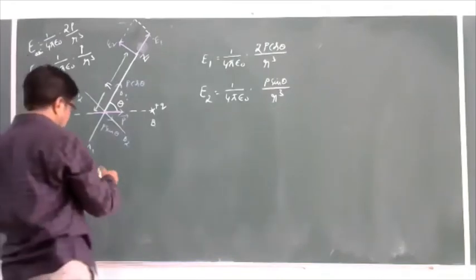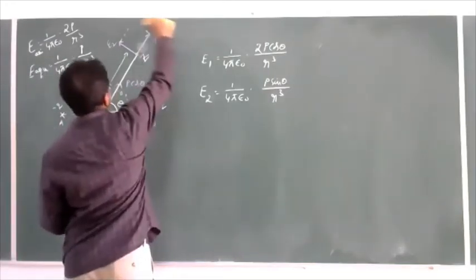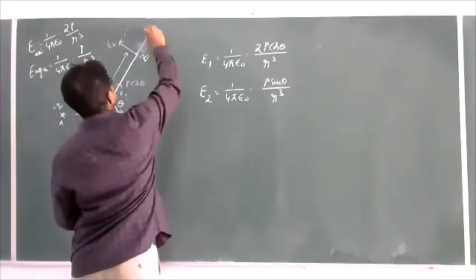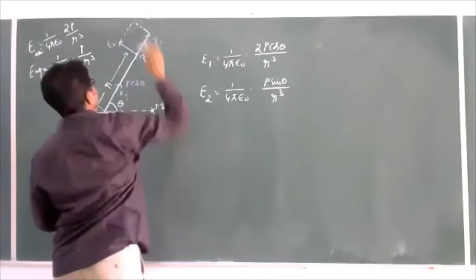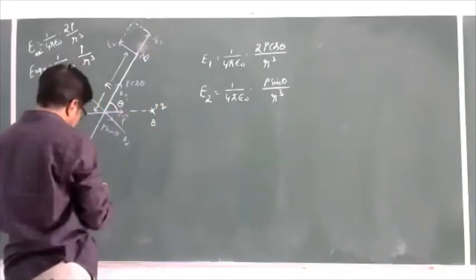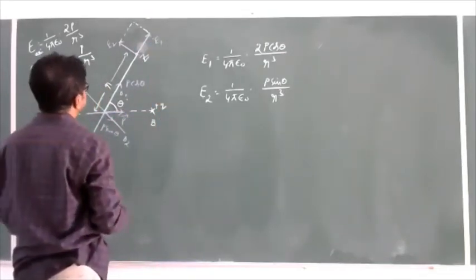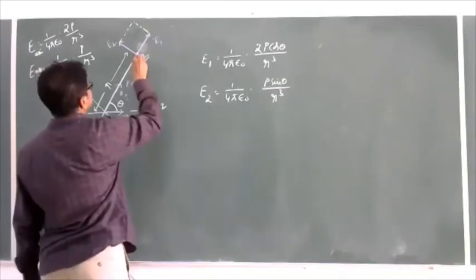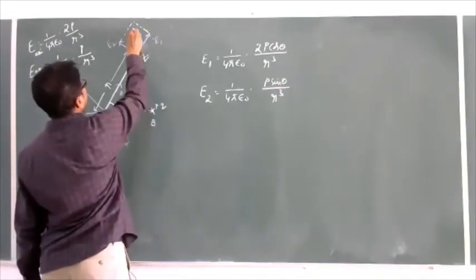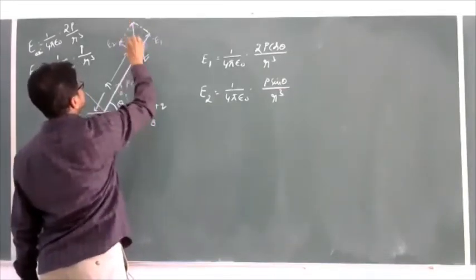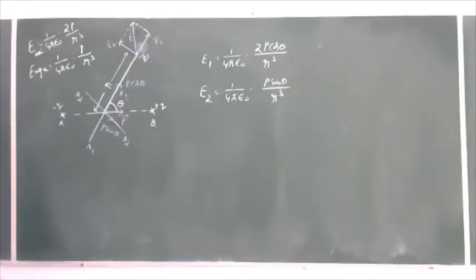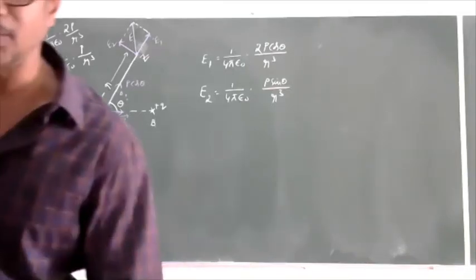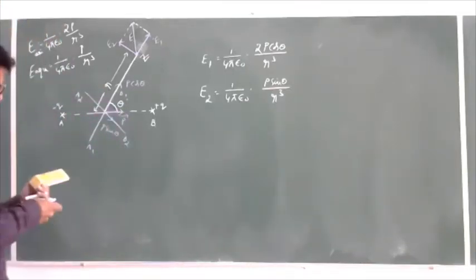Then the diagonal of the parallelogram will give the resultant of E1 and E2.